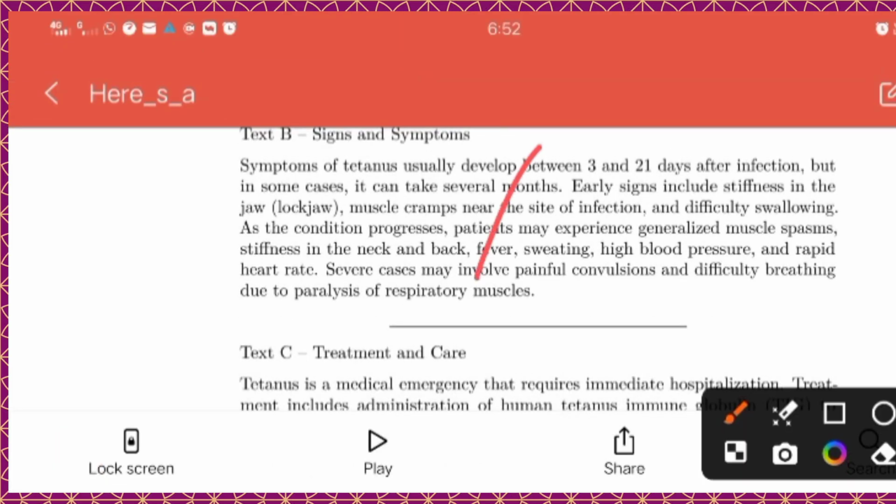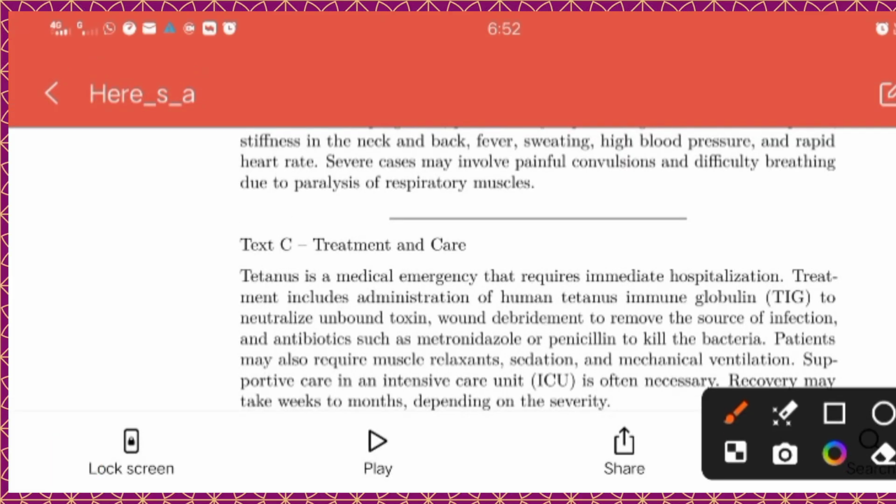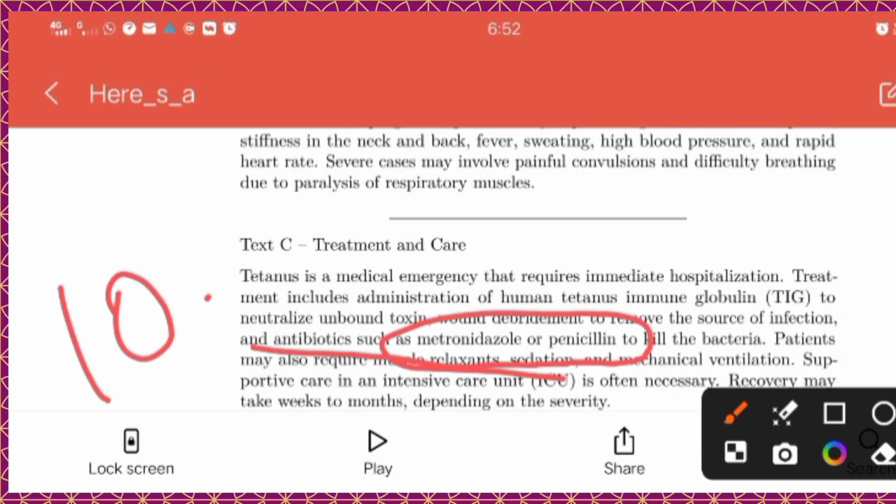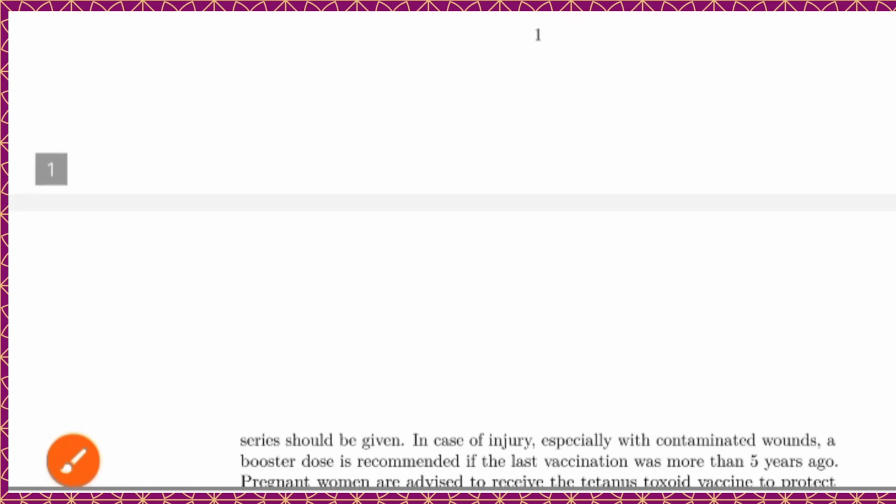In text number C they have mentioned infections and antibiotics such as metronidazole and penicillin to kill the bacteria. So the answer for the 10th question is metronidazole or penicillin, okay.